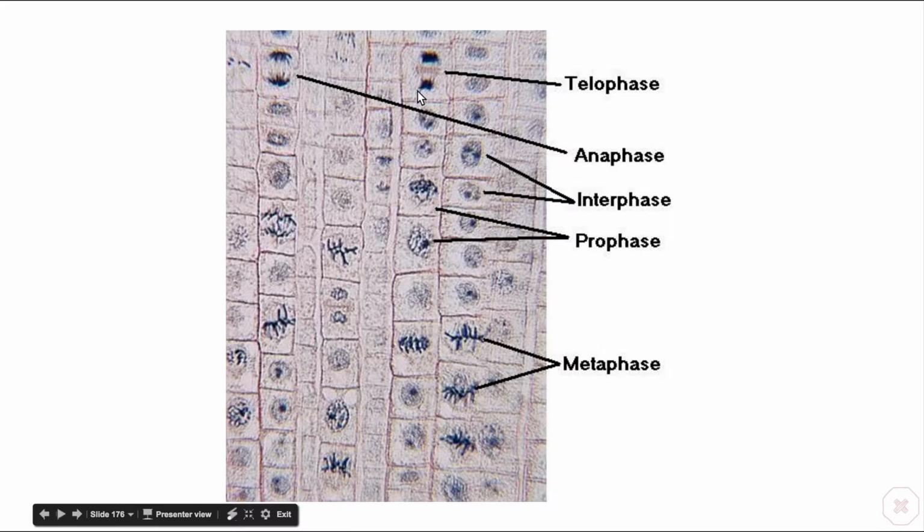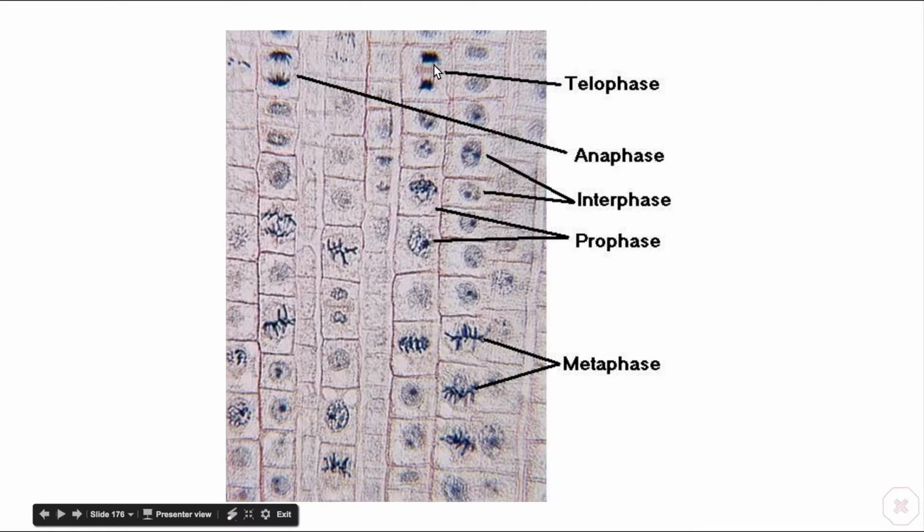And lastly, we have telophase, where we have our division of our chromosomes, and we have the creation of our new cell plate, or cell wall plate, because they're a plant cell, so we need to create a new cell wall that runs through the middle of the two cells in order to create two brand new cells altogether.